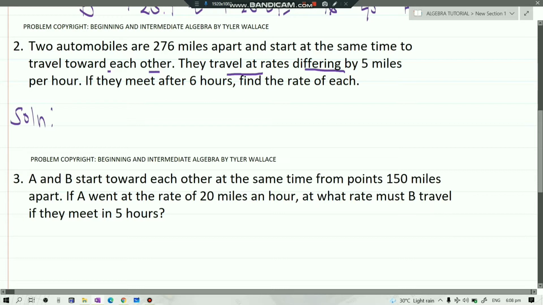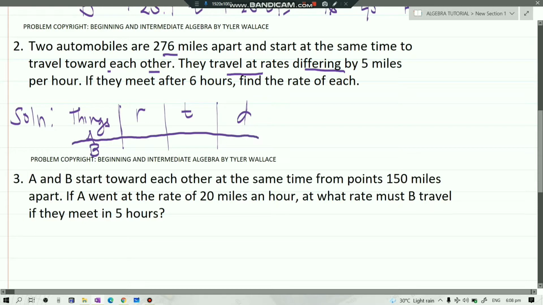So, we have things. We have rate, the time, and the distance. So, for the vehicle A, 276 miles apart. So, ano yung rate natin for the vehicle A and B? So, for the vehicle A and B, wala tayong specific na rate. Pero may clue na binigay si problem na 5 miles per hour.